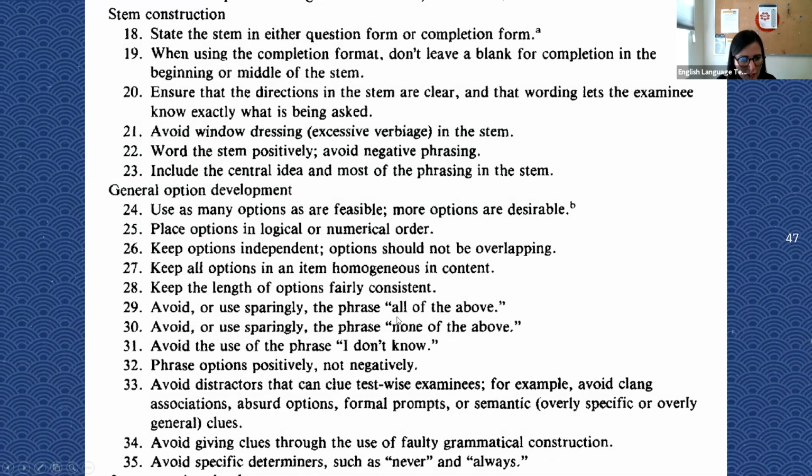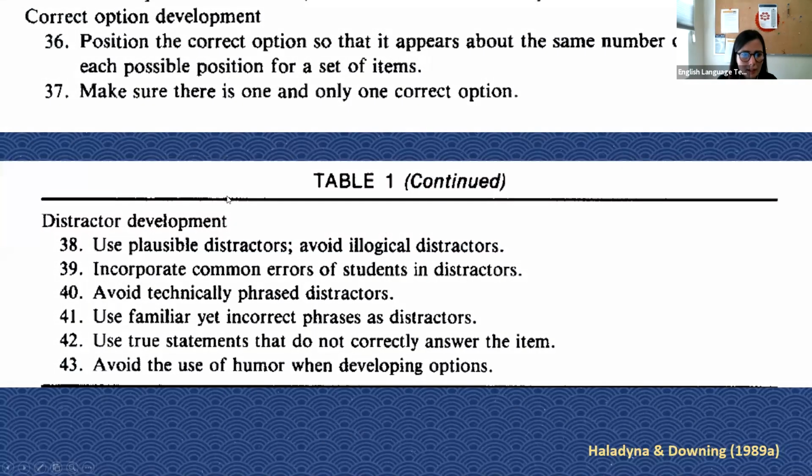Again, they say here, avoid or use sparingly the phrase all of the above, the phrase none of the above, right? Like, for example, incorporate common errors of students in distractors. Yes, but then should you use grammatically incorrect distractors or not?